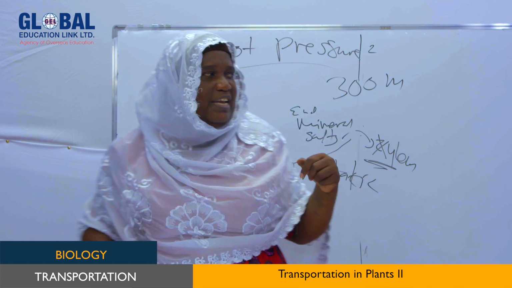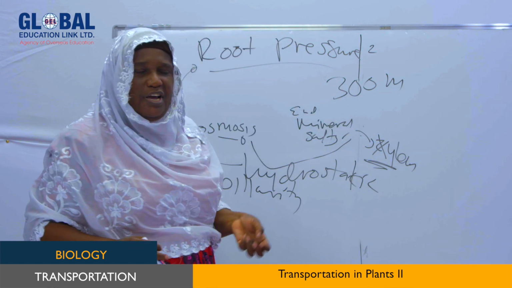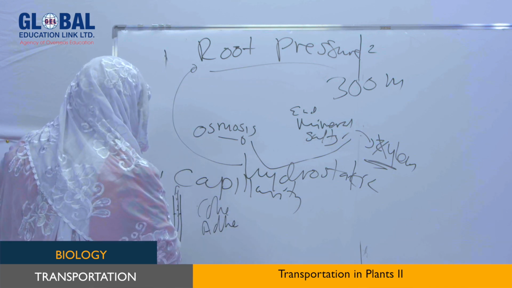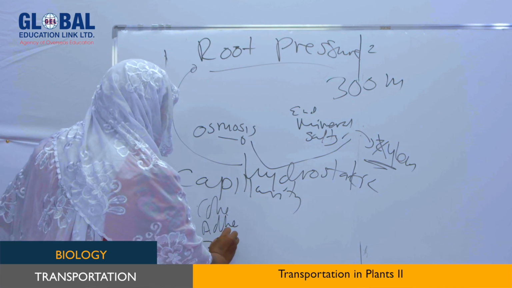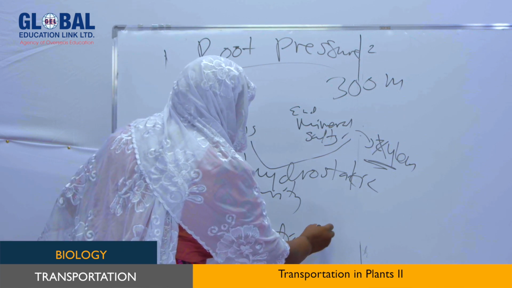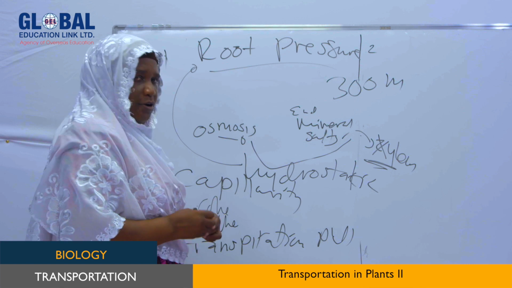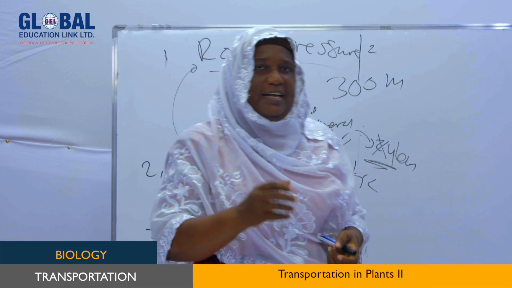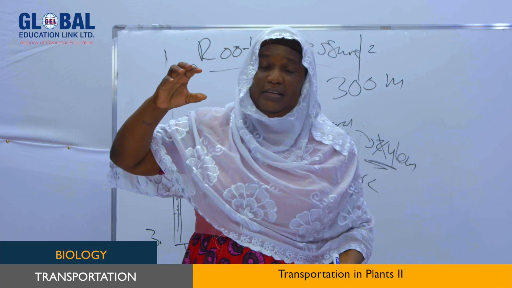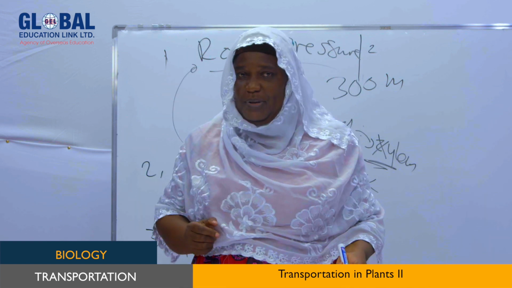That force which is needed here is what is called the transpiration pull. Transpiration pull originates from above. It means it originates from the leaves, and it is due to transpiration.